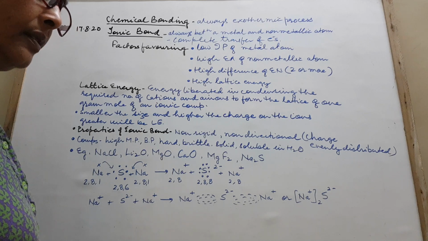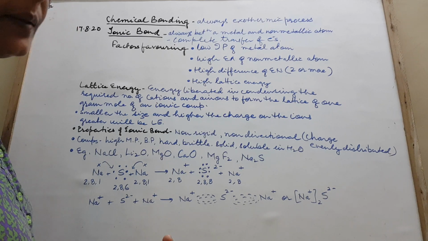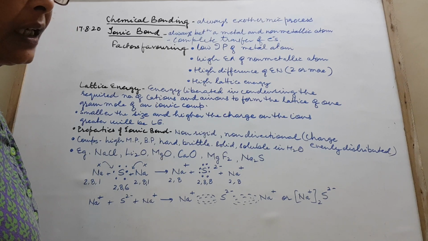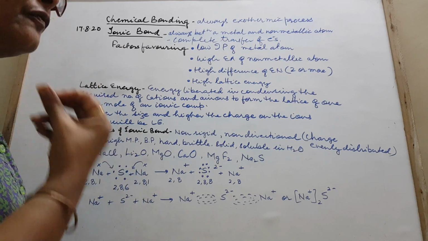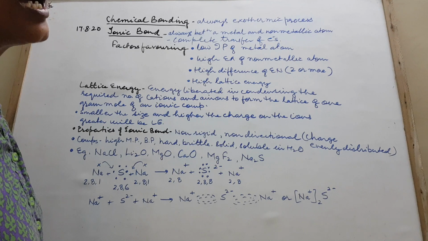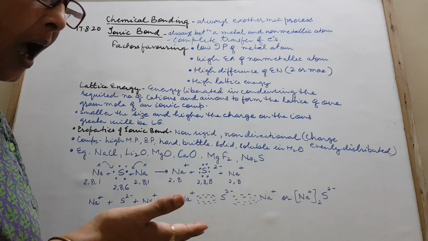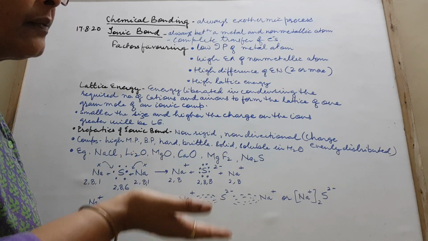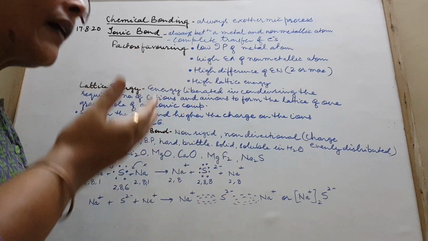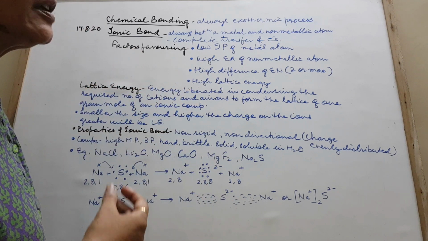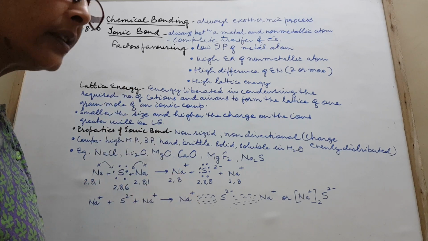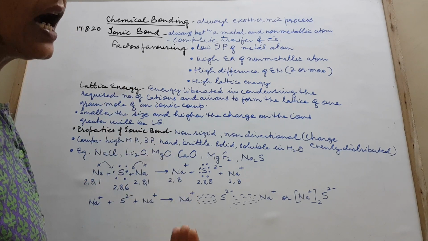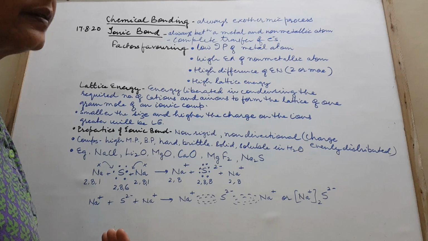It is seen, children, that if we have a difference of nearly 1.7, books report 1.7 nearly, then a bond was found to be 50% ionic and 50% covalent. Above this, gradually the ionic percentage was increasing. Finally, it was found the difference of EN should be either 2 or above 2. Then only a good ionic bond is formed, right?